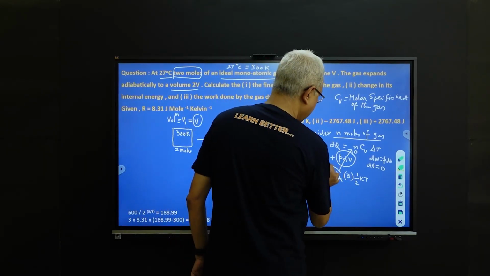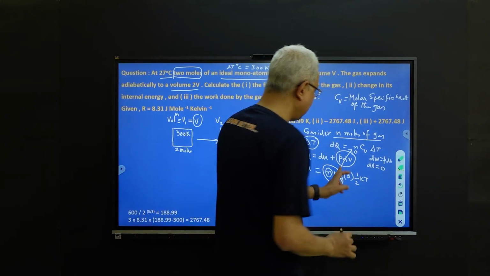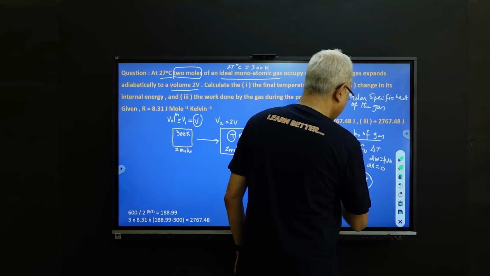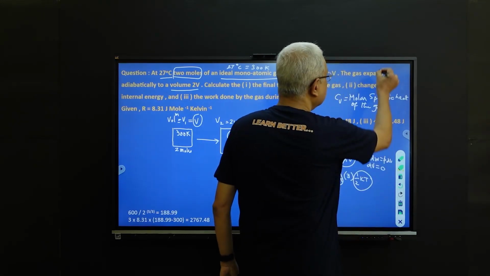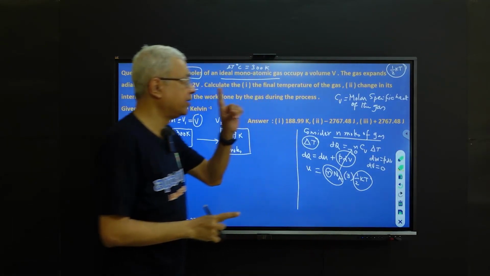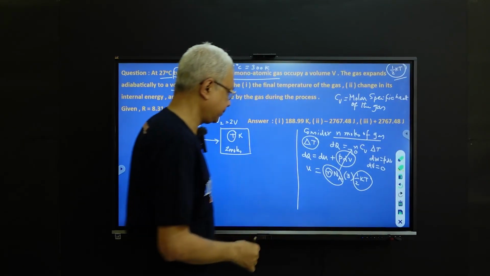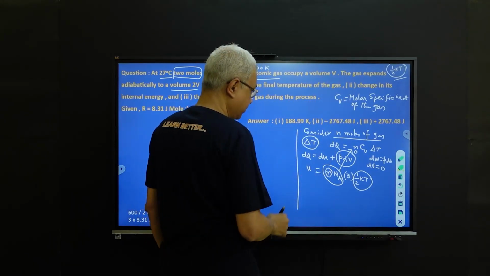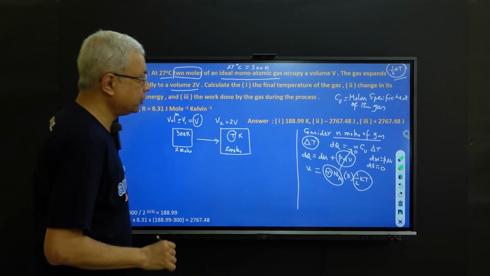So the total number of molecules in n moles of gas is n into Na, 3 being the degrees of freedom for a monoatomic gas, and half kT is the kinetic energy of a single atom per degree of freedom.